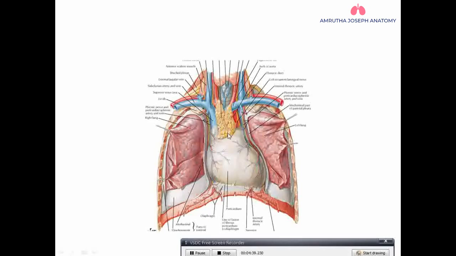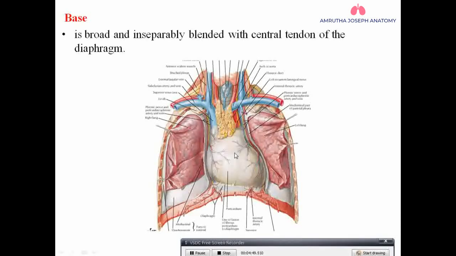A structure which is seen on the superficial aspect of the pericardium is the thymus. Base of the pericardium: it is broad and it is joined, combined, or blended with the diaphragm.